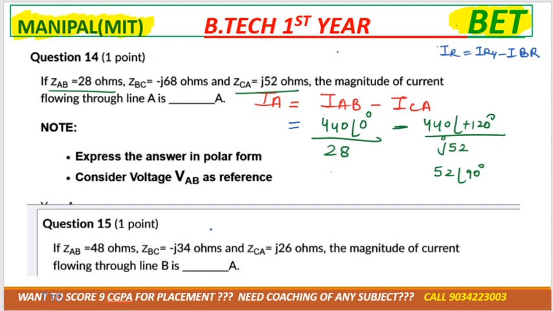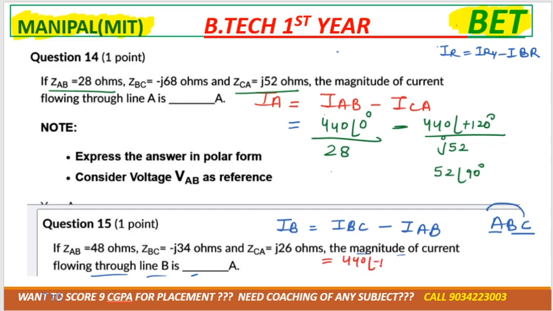Similarly they ask you the magnitude of the current flowing through line B. So basically they are asking you IB. Now what is the IB formula? IBC minus IAB. ABC ki sequence hai, to B se C and then A to B, right? IBC is again 440 angle minus 120 degree divided by ZBC, that is minus J34.